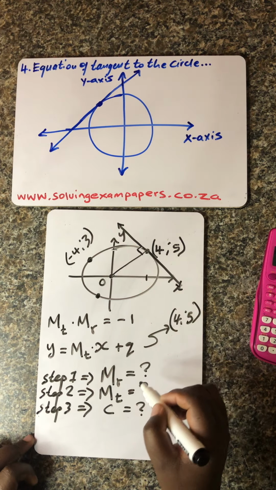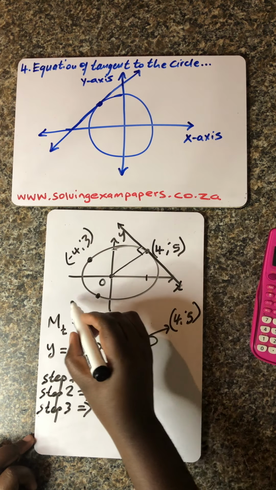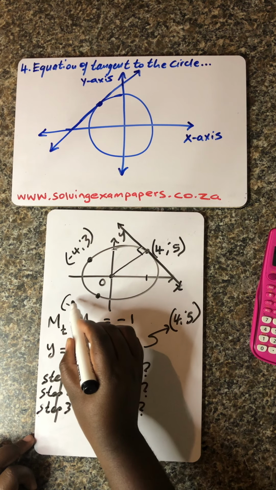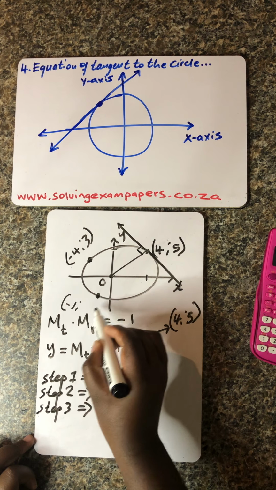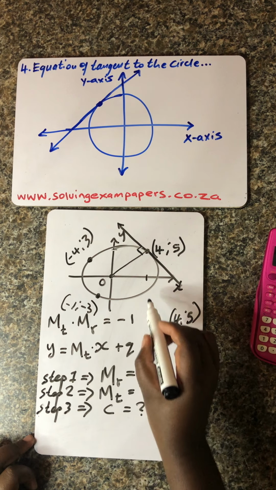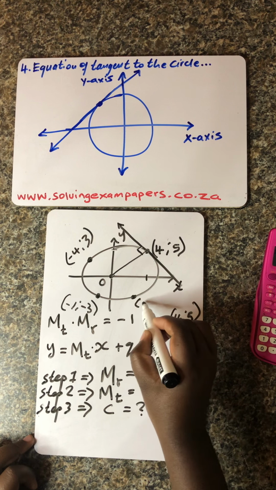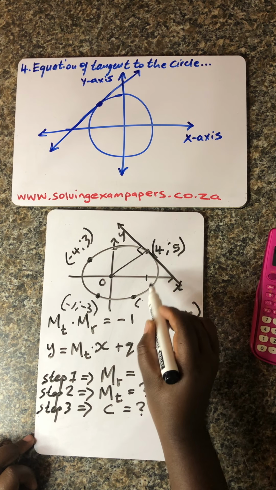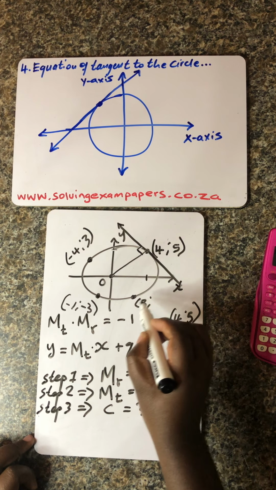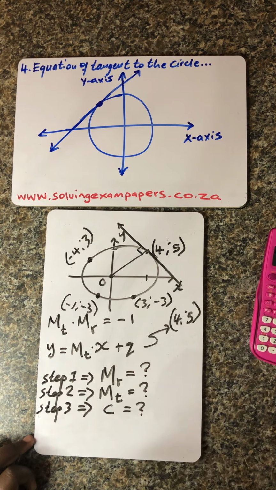Remember, you determine an equation of that tangent, and this tangent again. This is, let's say, 1 and negative 3. Another point over there where x is, let's say, 3 and y is negative 3.